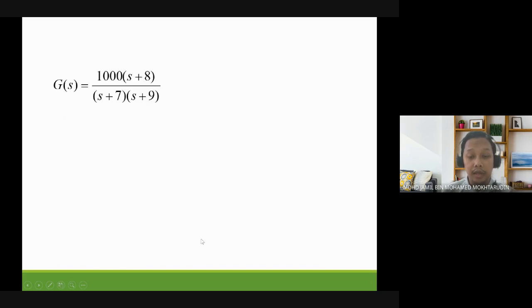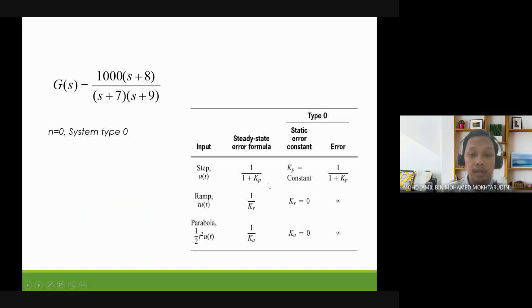Then after that, we can analyze the steady state error because we know that the system is stable. This is a type 0 system because n equals 0. So you use the table for type 0 system. Calculate Kp, and you get 127.